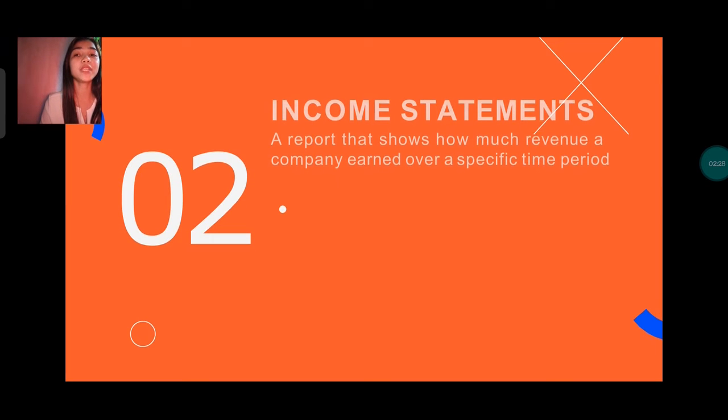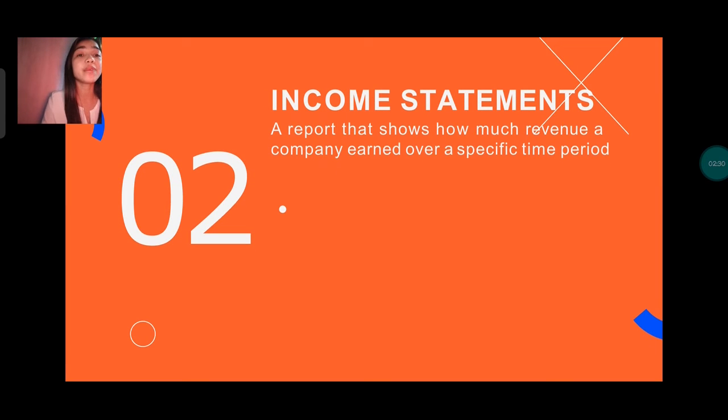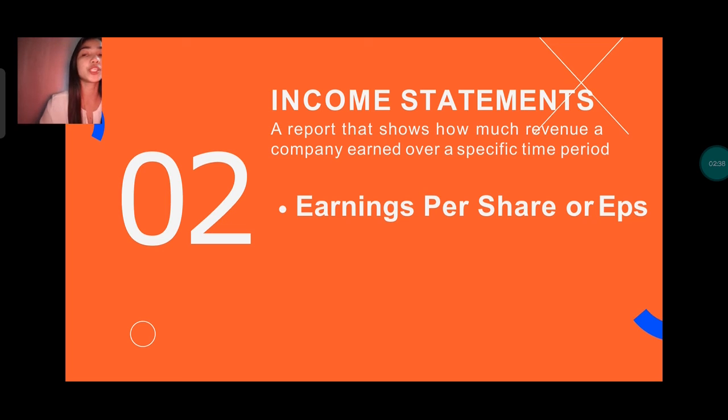The second financial statement is the income statement, a report that shows how much revenue a company earned over a specific time period. Most income statements include a calculation of earnings per share, or EPS.